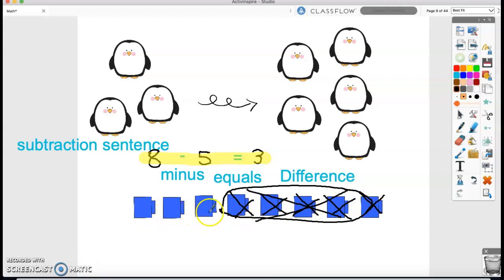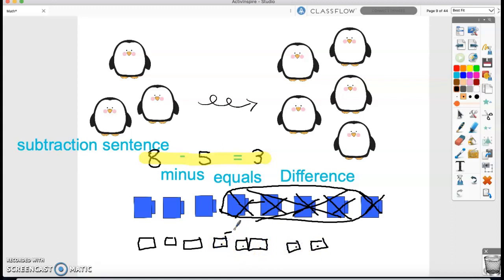1, 2, 3. If I were to draw a picture of my model, I would draw 1, 2, 3, 4, 5, 6, 7, 8. I would count 1, 2, 3, 4, 5.